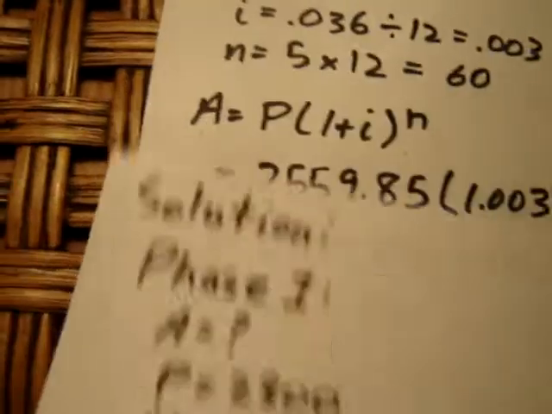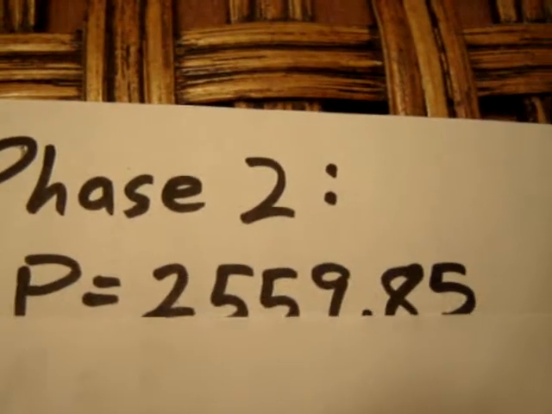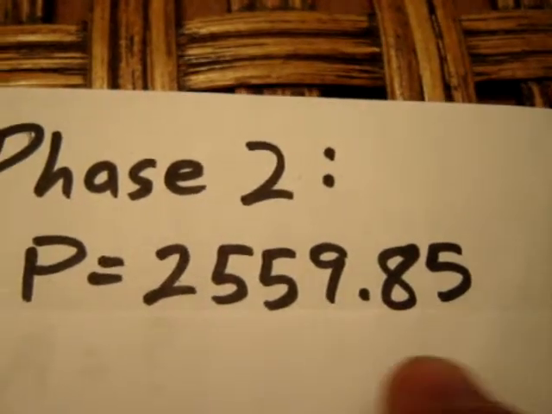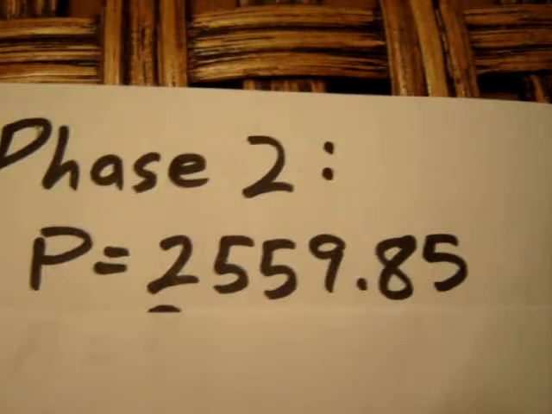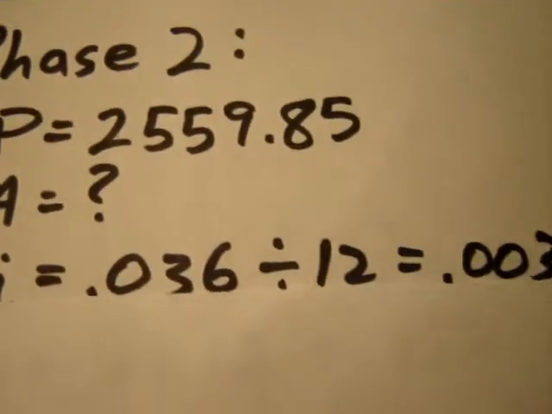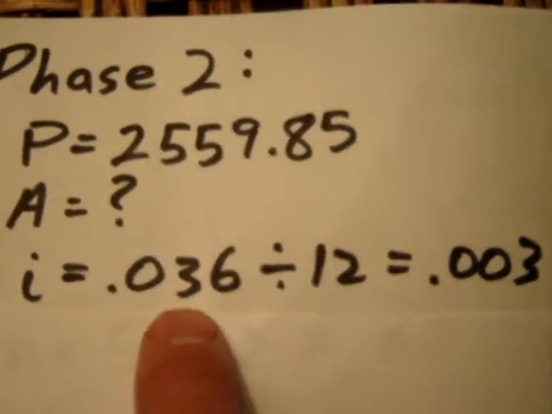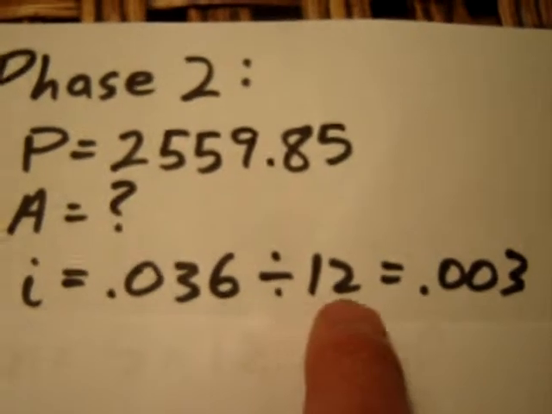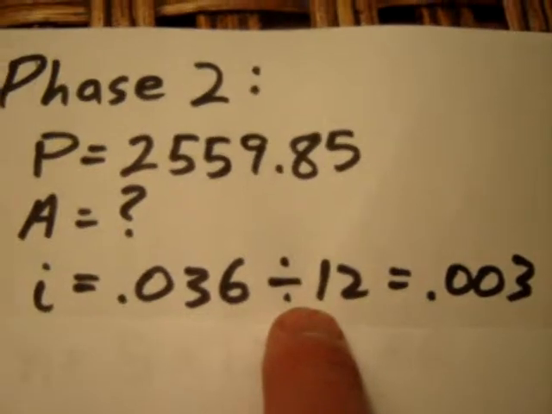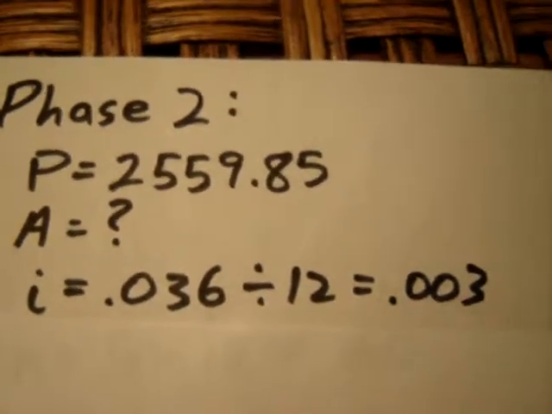At this point, we have to now consider that $2,559.85, which occurred at the end of phase 1, to be the beginning of phase 2. Our amount is unknown, and our little letter i is now 0.036 divided by 12, because we've now gone to monthly compounding, which is 0.003.